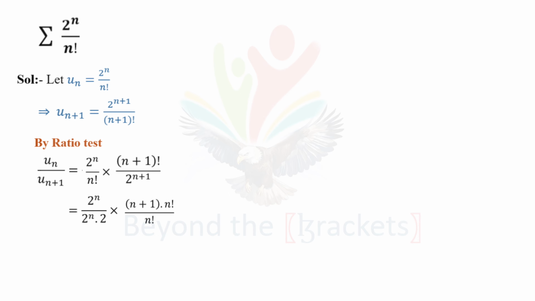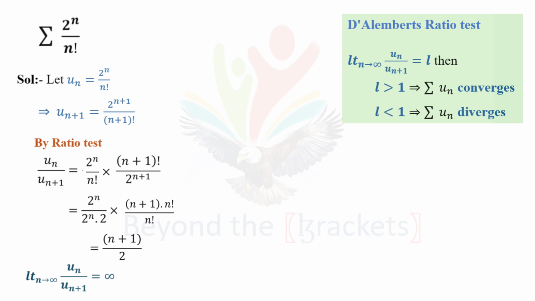The terms 2 power n and n factorial cancel out in the numerator and in the denominator. We are left with n plus 1 by 2. Taking limit as n tends to infinity, n plus 1 by 2 tends to infinity. Since the limit here is infinity, which is greater than 1, by ratio test, the given series is convergent.